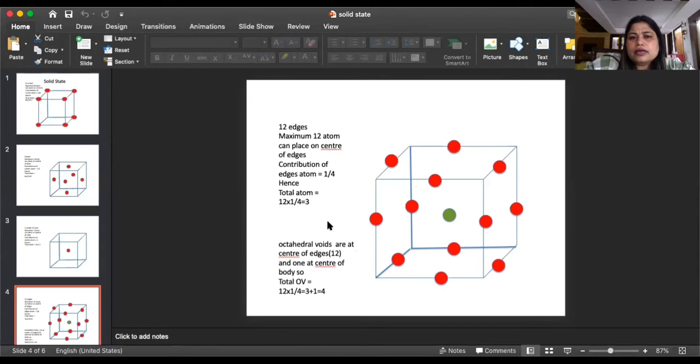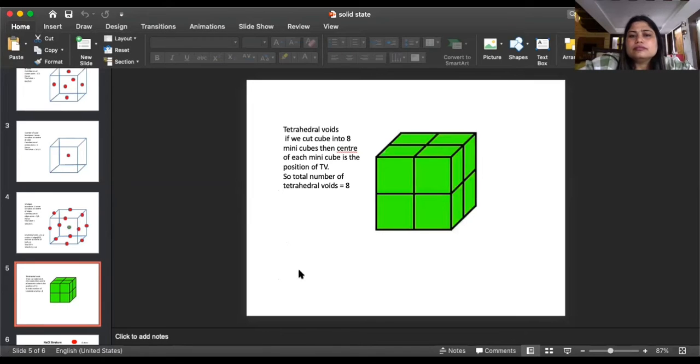Similarly, now I will show you the position of the tetrahedral voids. You can see what I did in this cube. I cut the cube into 8 small mini cubes. I cut one cube vertically, then again cut it into another 4 parts. You can see there are 8 mini cubes, and the center of each mini cube is the position of a tetrahedral void.